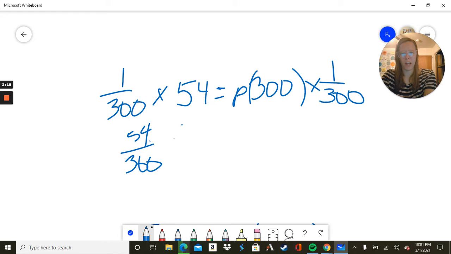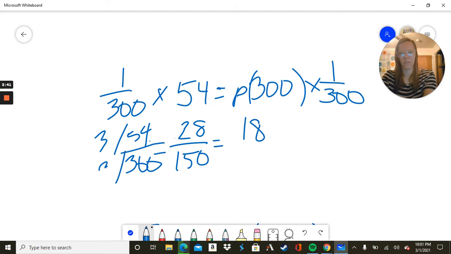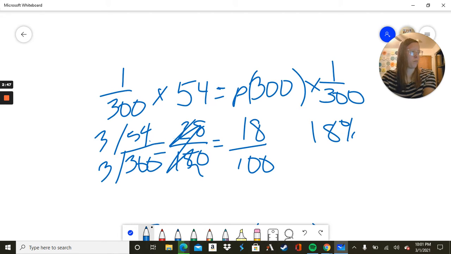So if we divide both by 2, we end up with 27 over 150, which can still be simplified. Here we can divide by 3. So forget that part, my apology. So 18 over 100. So they made 18% of the bracelets.